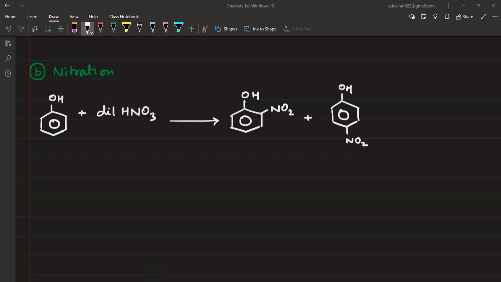Also, at this particular point, the temperature should also be low. Now you take 298 Kelvin. So this is O-nitrophenol. And this is P-nitrophenol.